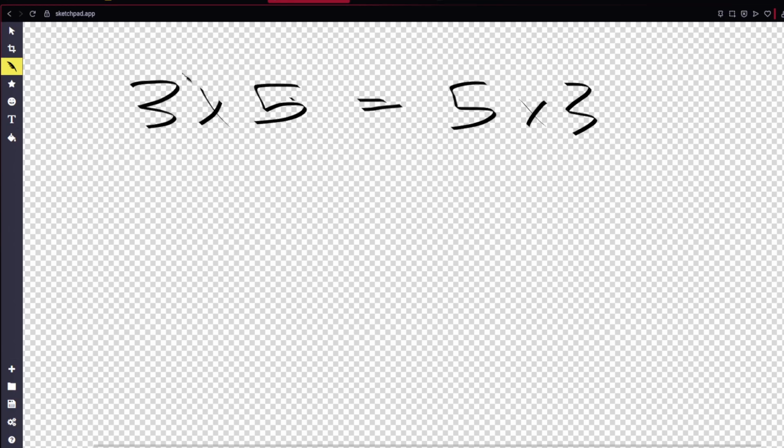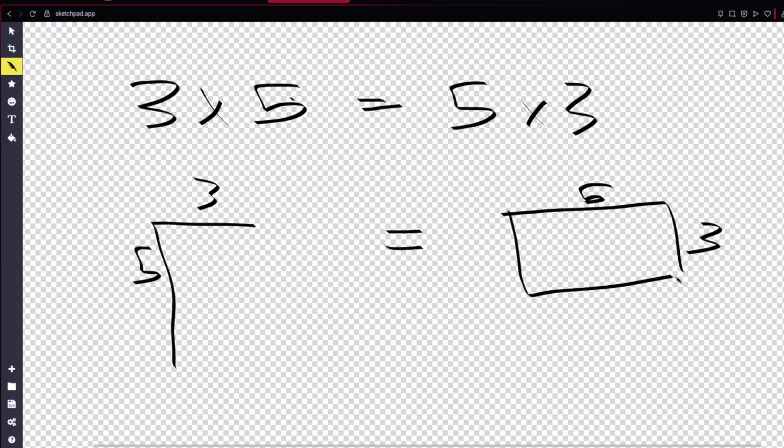So 3 times 5 is having 3 amounts of 5, and having 5 amounts of 3 is 5 times 3. The logic behind why these two are equal, after some digging, is that if you drew a rectangle, which is what many ancient mathematicians did at the time, these are equal. They're just rotated 90 degrees.